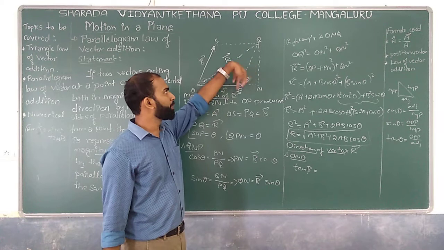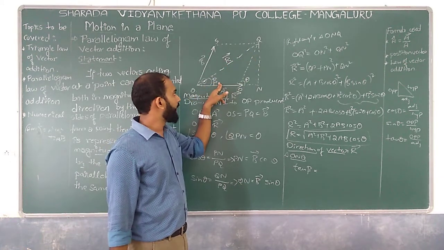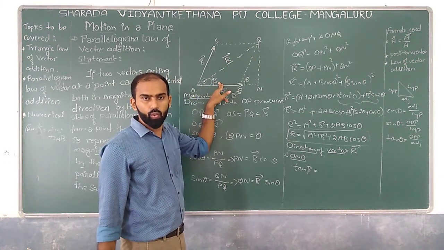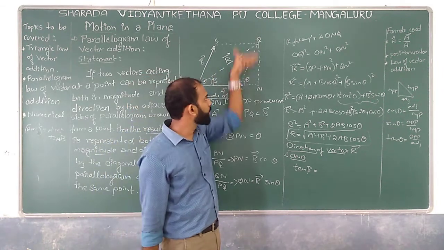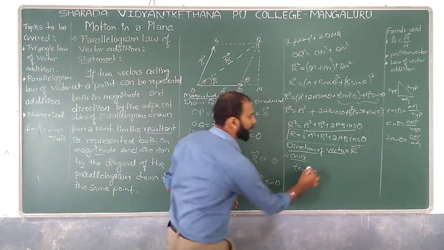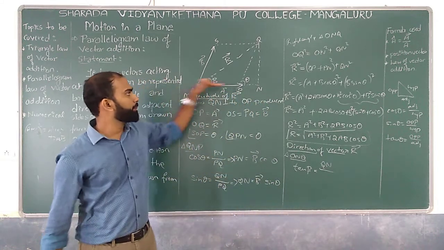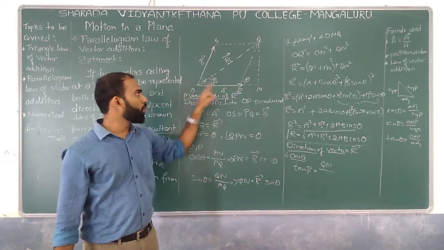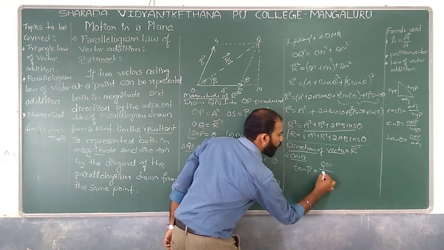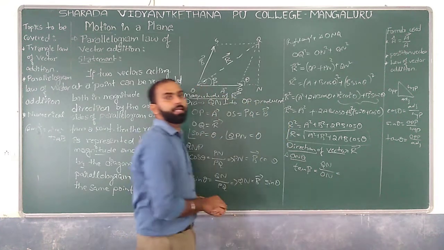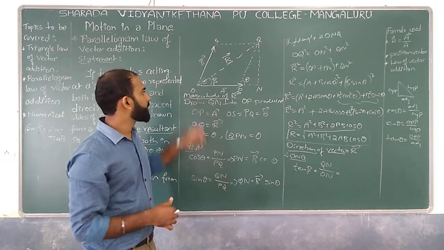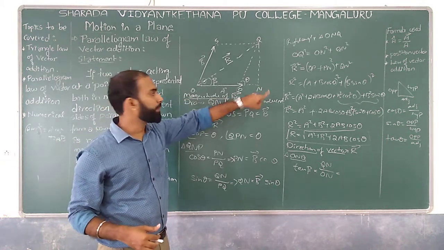What is the opposite side over here, since the angle comes here? That is QN. So I can have QN divided by the adjacent, that is ON. But ON can be split as OP plus PN.